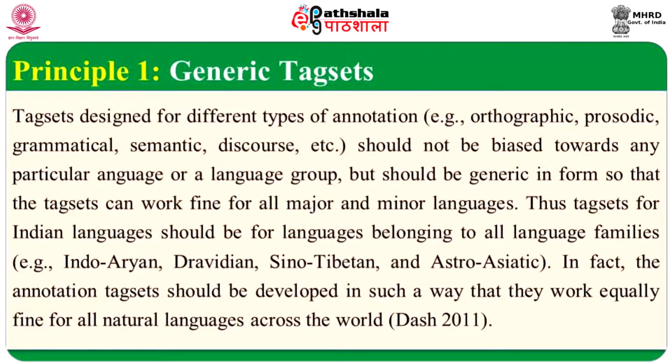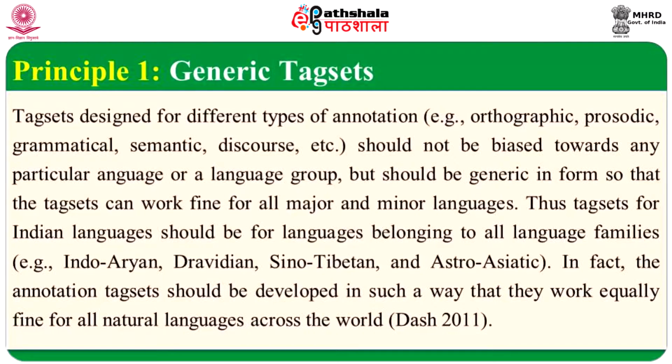Remember that tag sets which are designed for different types of annotation, for example, orthographic, prosodic, grammatical, etc., should not be biased towards any particular language or a language group, but should be generic in form so that the tag sets can work fine for all major and minor languages.